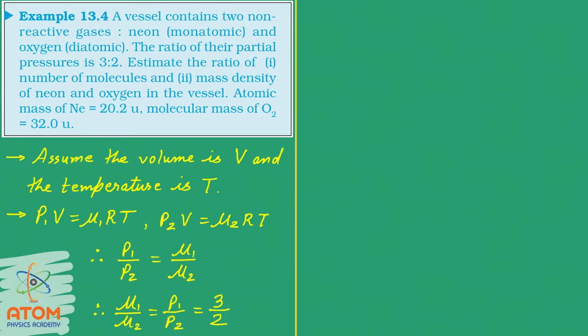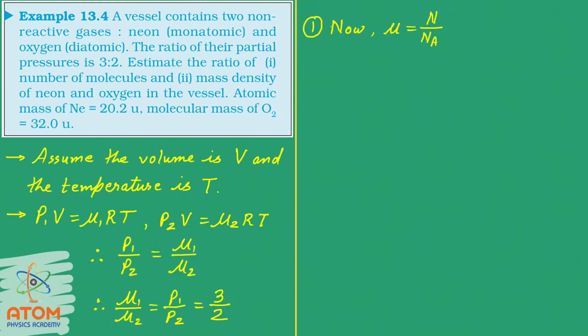That means here the ratio of mole number is 3 by 2. Now, as per the definition of mole, mole number mu is n upon Na, where n is the number of molecules and Na is the Avogadro number. So we can find out the first answer now.